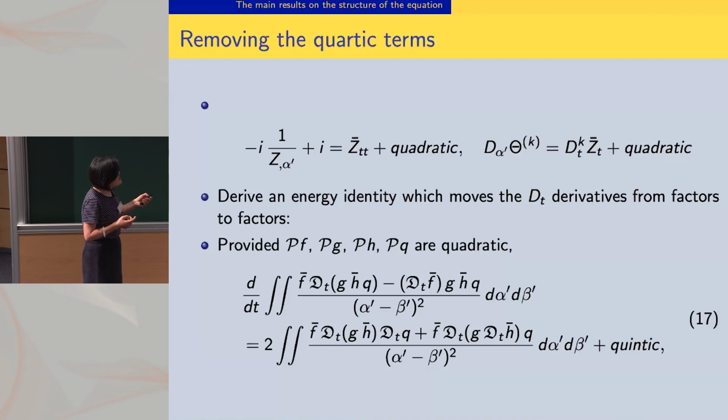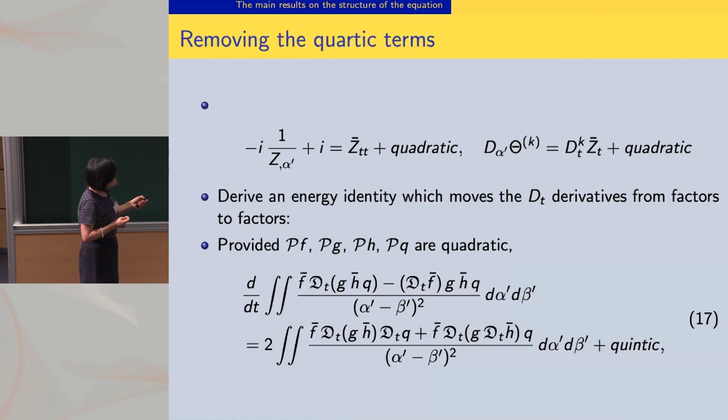Assuming that these are quadratic, d/dt of this thing is just equal to twice this plus something quintic. If you look at the right-hand side, these two terms look very similar, except that you have a dt here and a dt there.